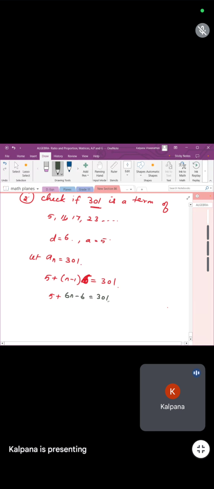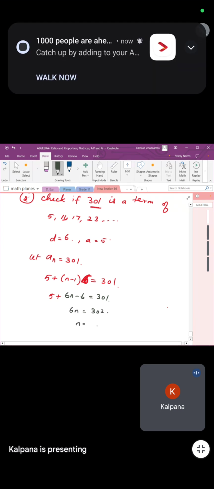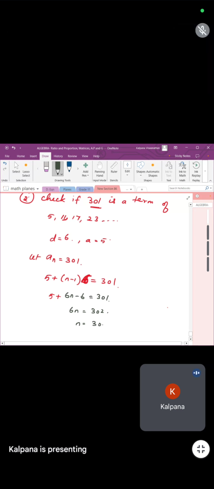What is your n value? 6n is equal to 302, so n is equal to 302 by 6, that is 151 by 3.